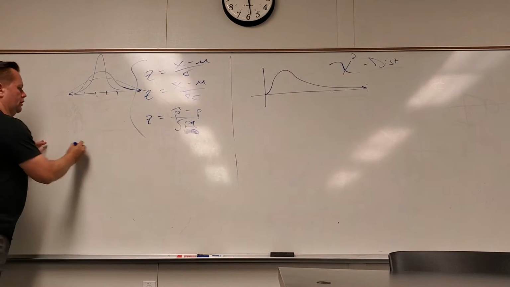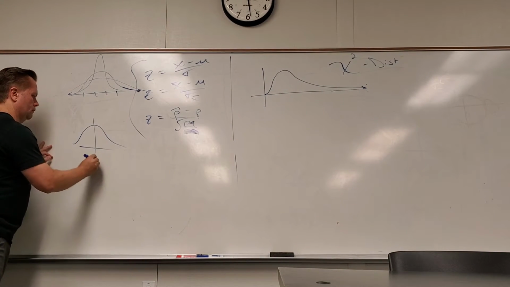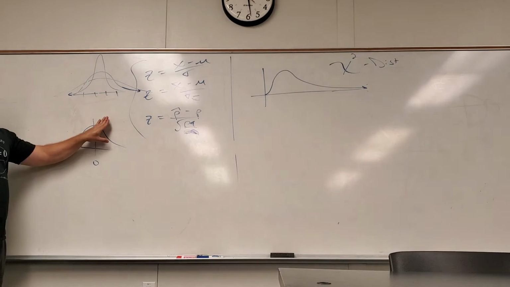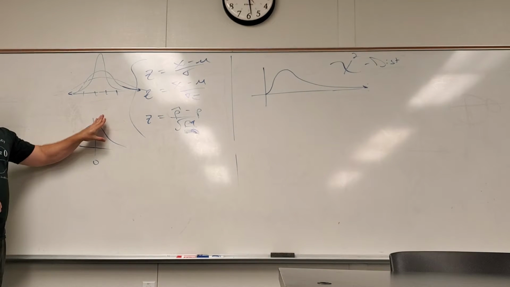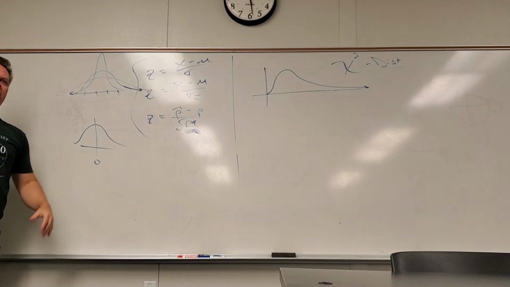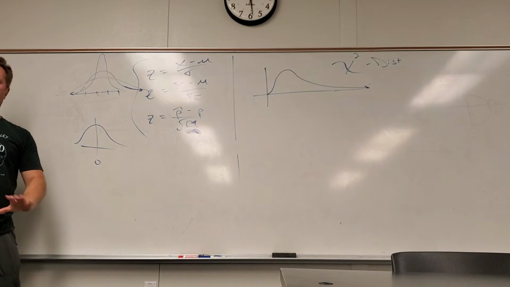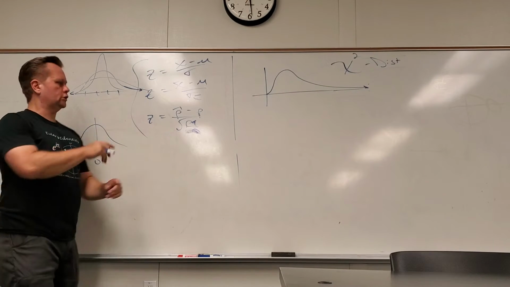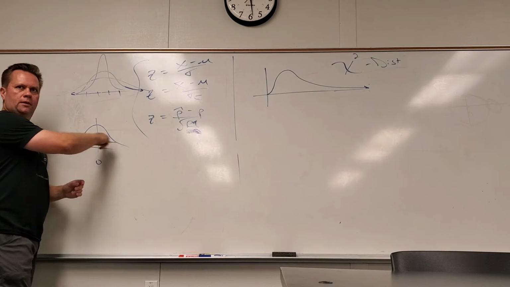If I took a normal curve and folded it on itself, you would actually get that shape for a certain sample size. That's all I'm going to say. That relates to why it's called chi-square. It's like squaring the z-scores.